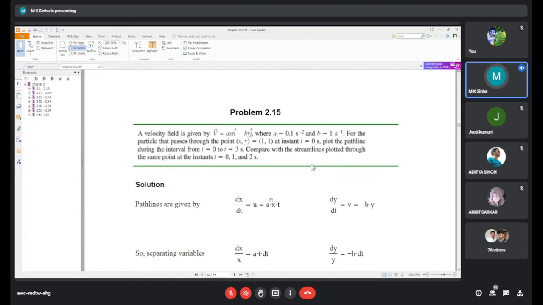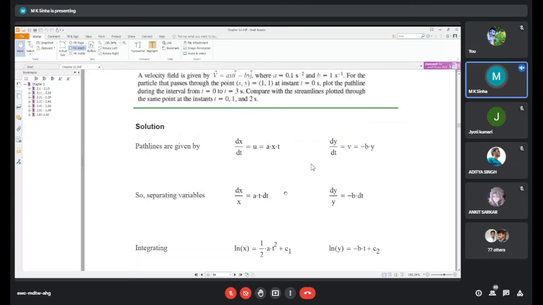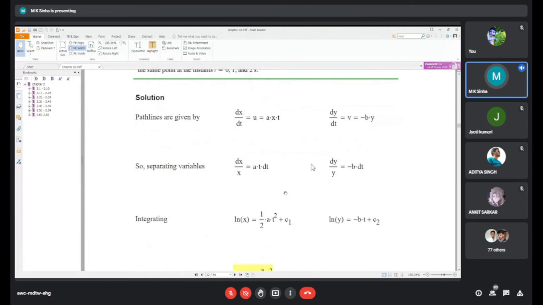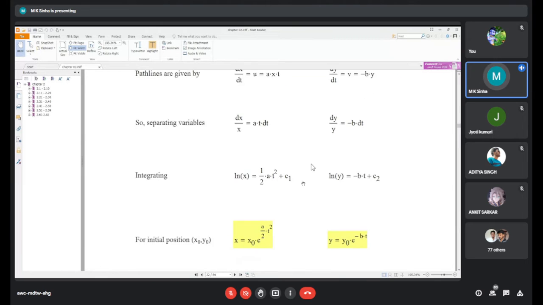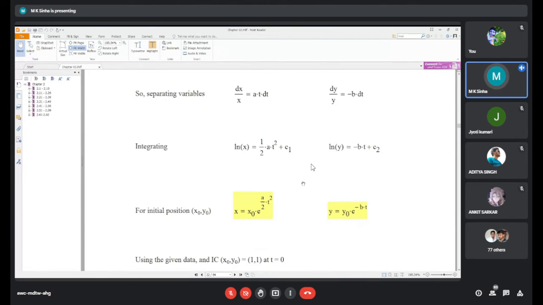As you know, for the path traces, u is dx by dt and v is dy by dt, and we are interested in x, y, so integrate it by separating the variables, with the constant and initial position x0, y0. It will come out x equals x0 e to the power a t squared by 2, and y equals this.